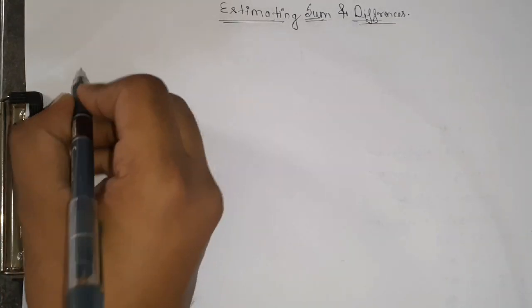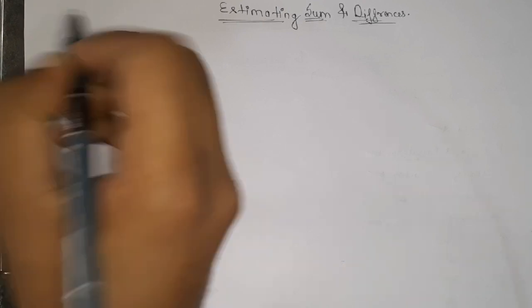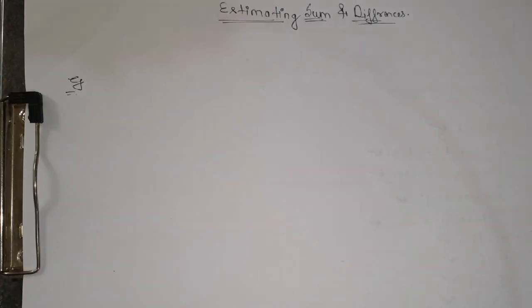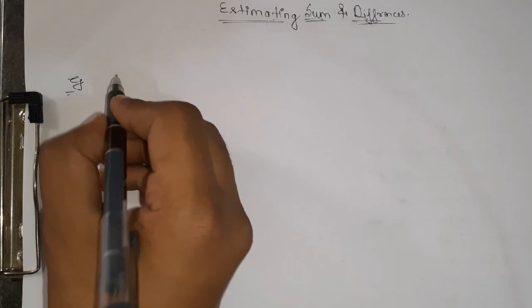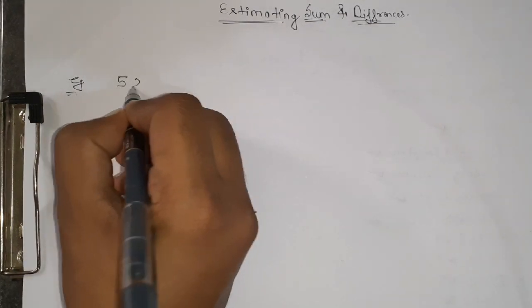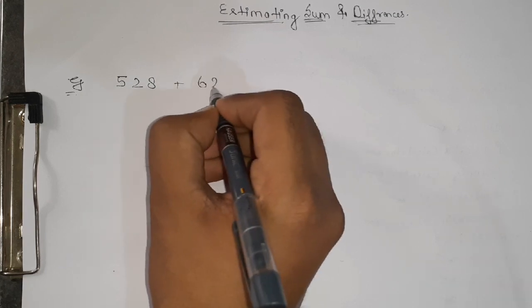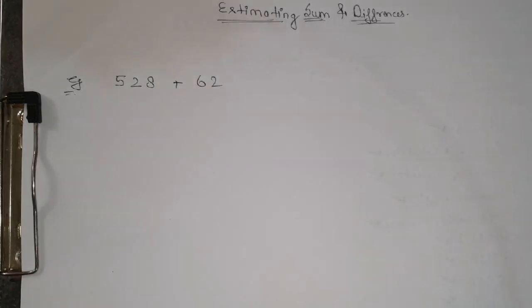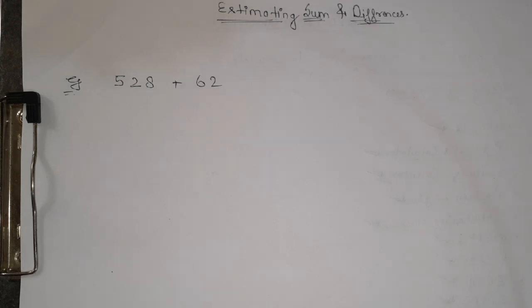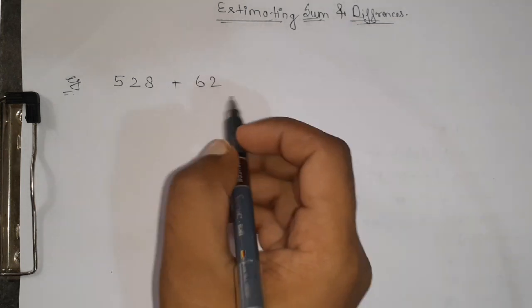For estimating a sum, let's take an example of addition. Say you have 528 and 62. How to round off a particular number I have made very clear in the previous video, so you can go and watch it. For estimation, I am revising it again, so watch it properly.